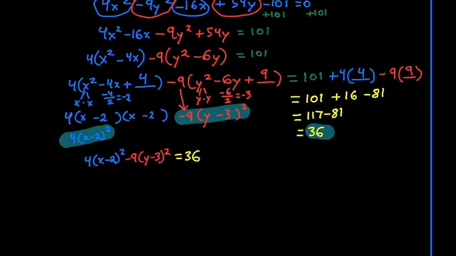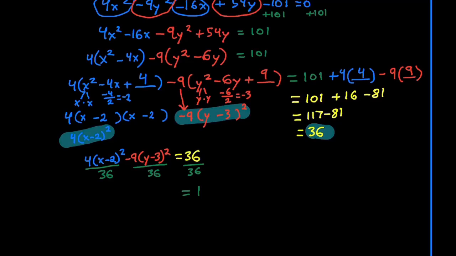The last thing you have to do to find the equation in standard form is to turn this side into a 1. Whatever number there is here that isn't 1, just take that number and divide everything by it. On the right side, this is now 1. On the left side, 4/36 as a fraction, that's 1/9.